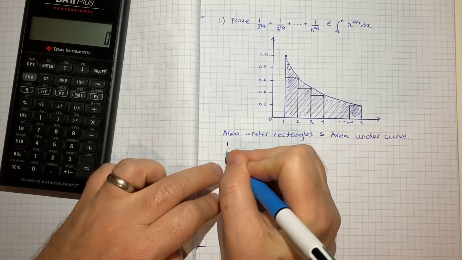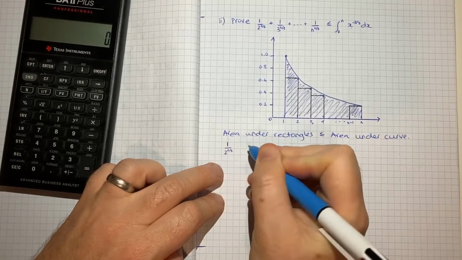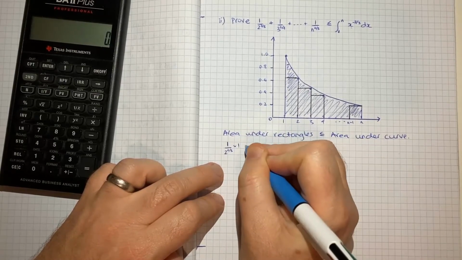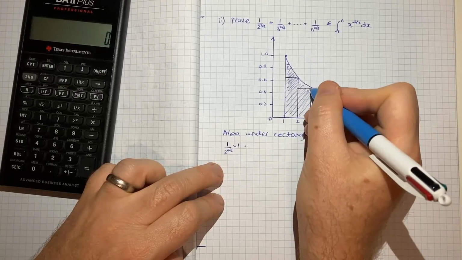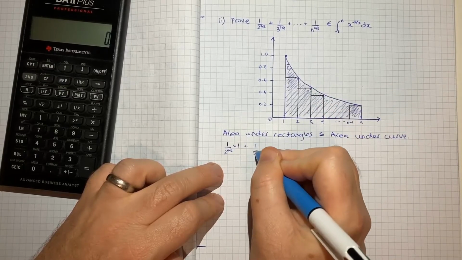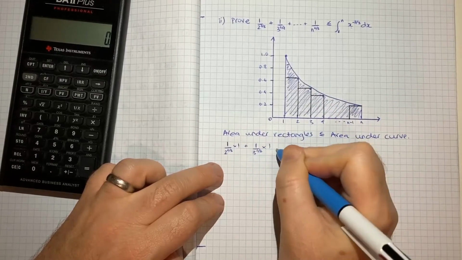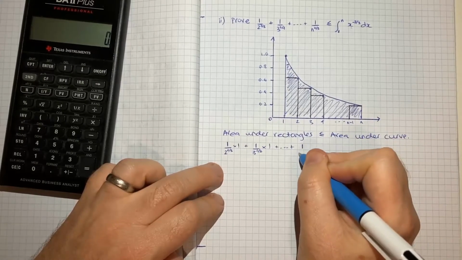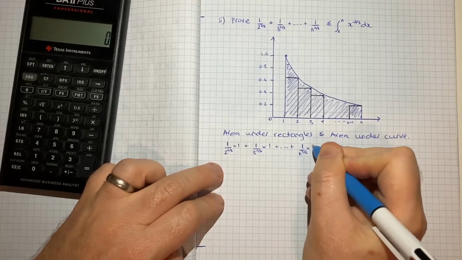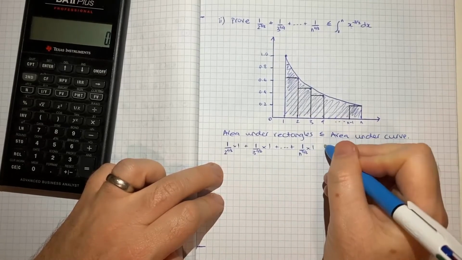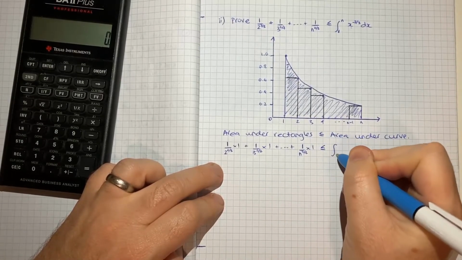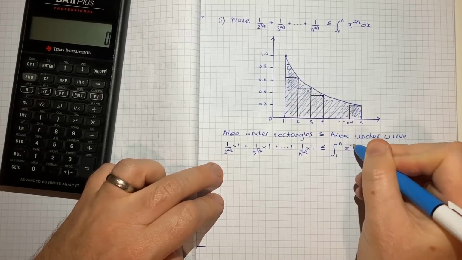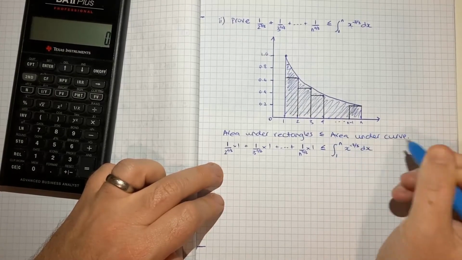So the area under the rectangles, with heights of x to the power of negative 2 on 3, is 1 on 2 to the 2/3 times 1, plus 1 on 3 to the 2/3 times 1, plus all the way up to a height n, so 1 on n to the 2/3 times 1. That area is less than or equal to the integral from 1 to n of x to the negative 2 on 3 dx.